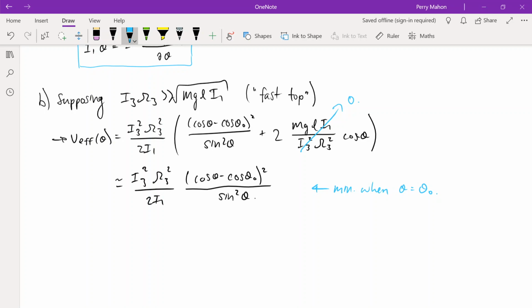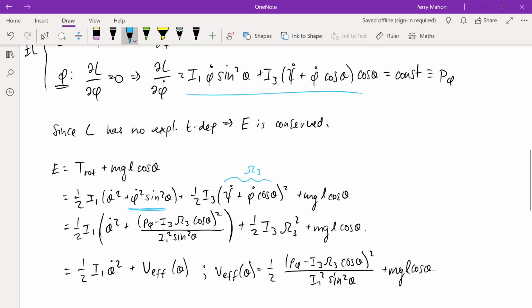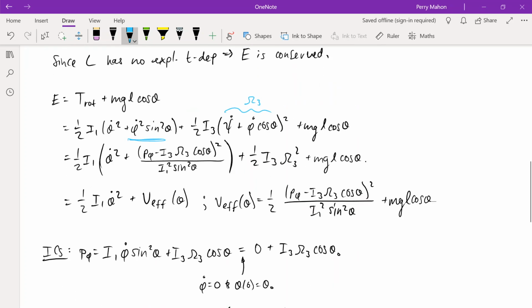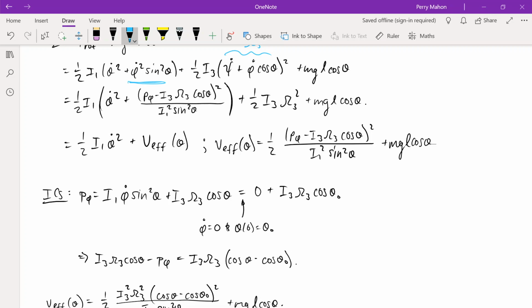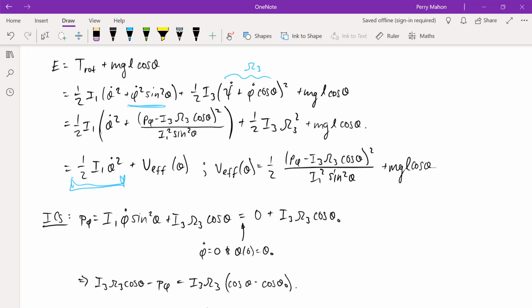Since this effective term is only a function of the generalized coordinates and not the generalized velocities, we might imagine that the primary contribution to the total energy is from the rotational kinetic energy. If we go back and look here, this kinetic contribution is much greater than this V effective contribution to the total energy, if the top is, quote unquote, fast.